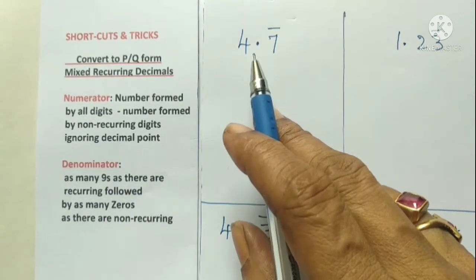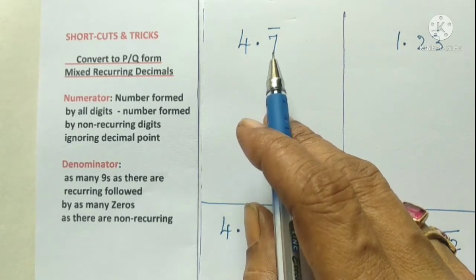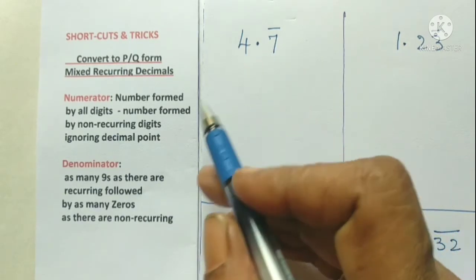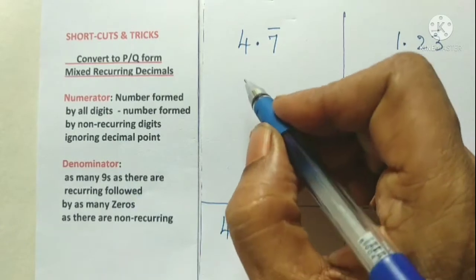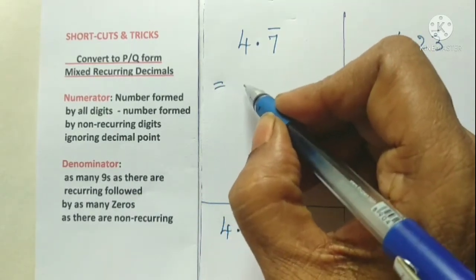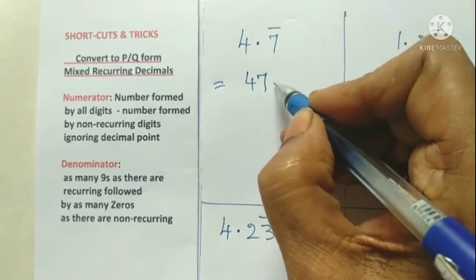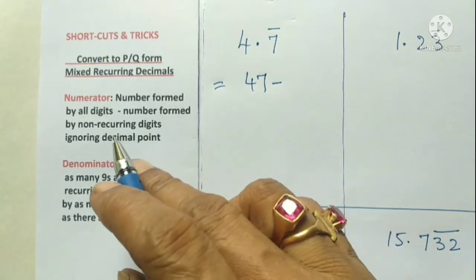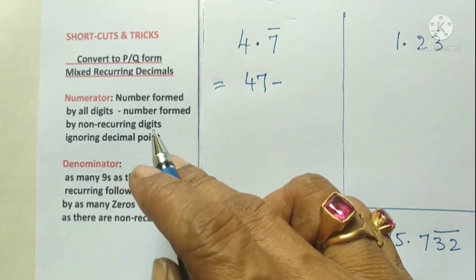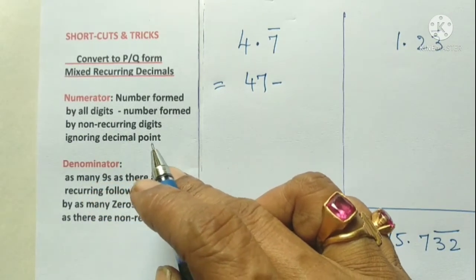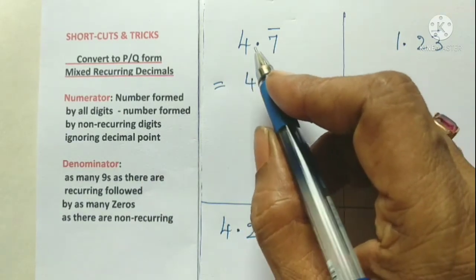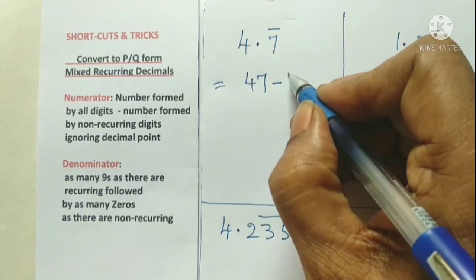So let us take an example. In case of 4.7 bar, the numerator will be the number formed by all the digits, means it is 47, minus the number formed by non-recurring digits ignoring the decimal point, means 4.